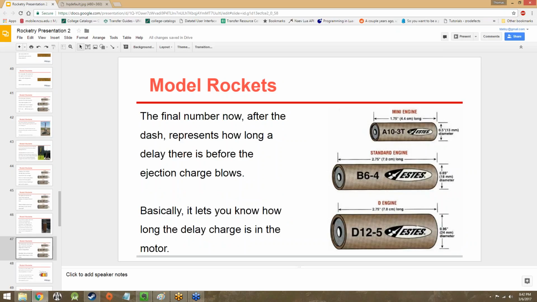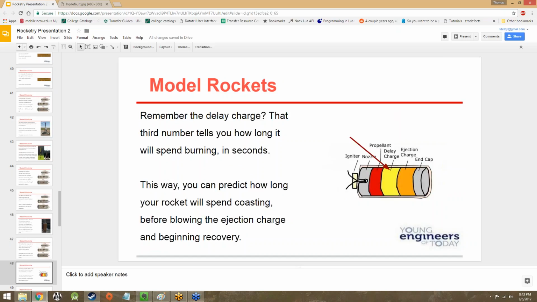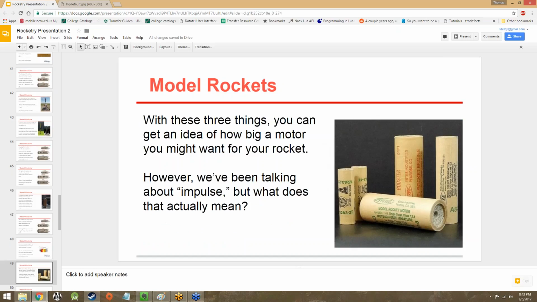But that's meant to give you an idea of how long it should. On average, it will be 4 seconds. A D12-5, on average, the delay charge will burn for 5 seconds before the ejection charge goes off. So that's how long your rocket will spend coasting upwards in the air before the ejection charge gets blown and the recovery stage begins to do its thing.